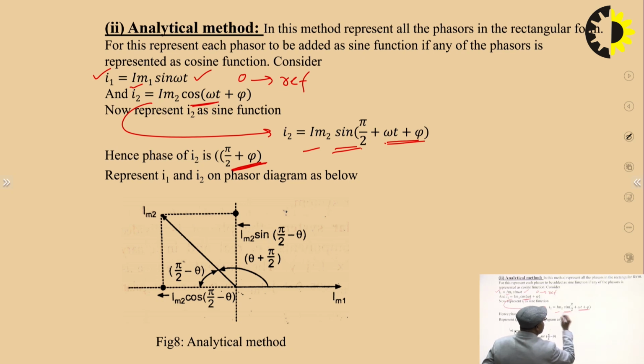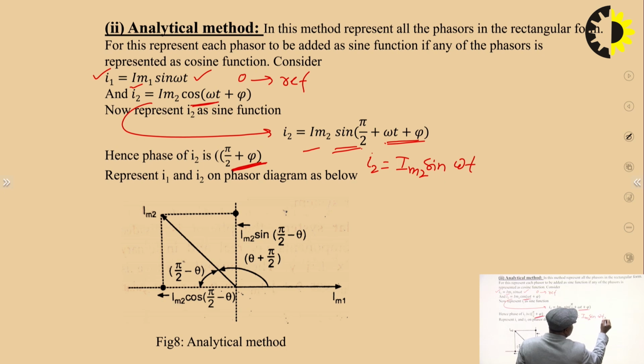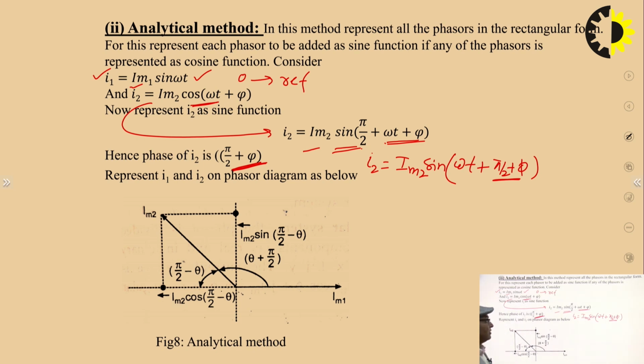So the phase angle is omega t plus pi by 2 plus phi. Hence this is the phase angle of I2.